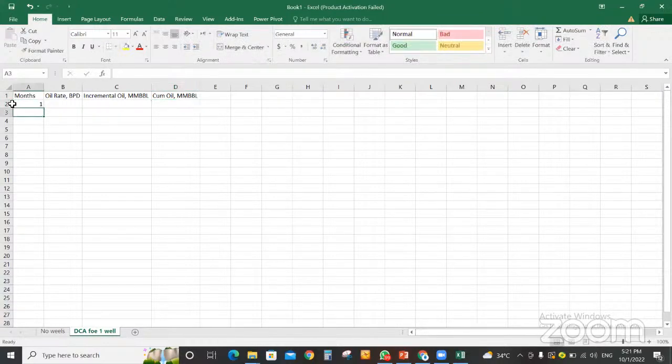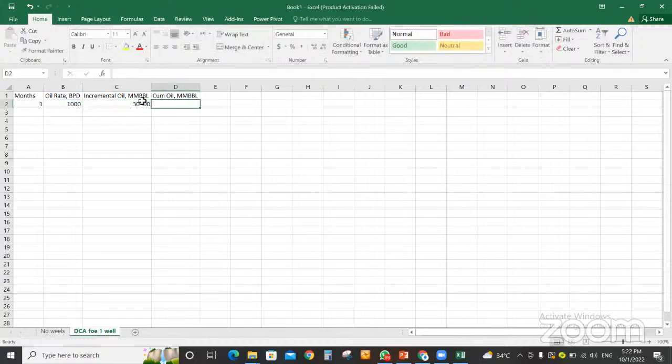So for the first month, let's assume that the initial rate for the well will be 1,000 oil barrels per day. So the incremental, or the monthly oil production, will be equal to the oil rate multiplied by 30.4. 30.4 is the average monthly days, which is equal to 365 over 12.